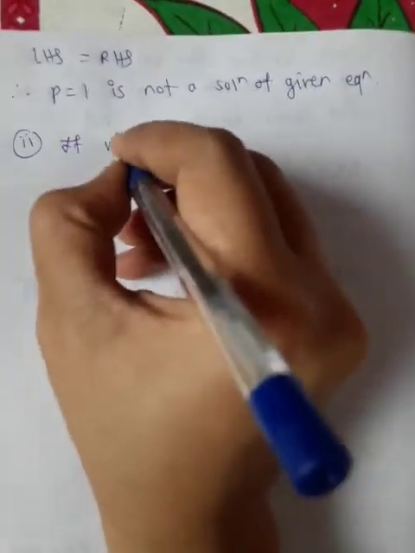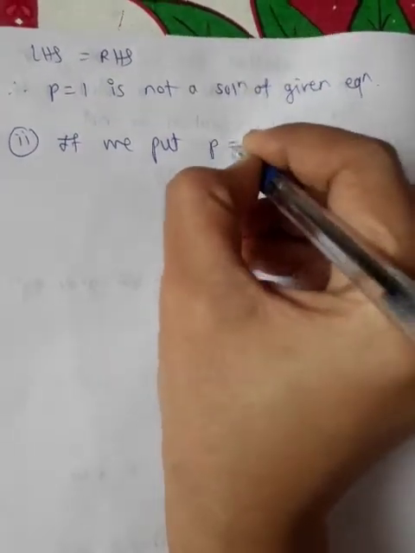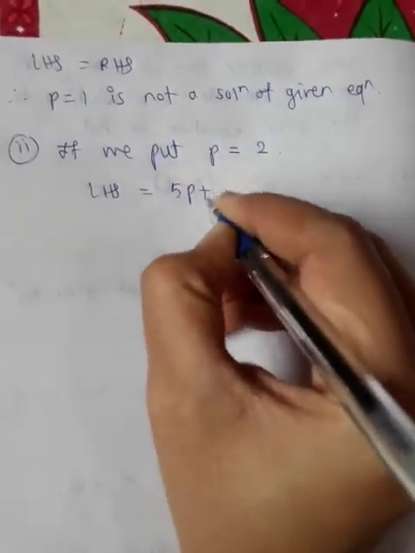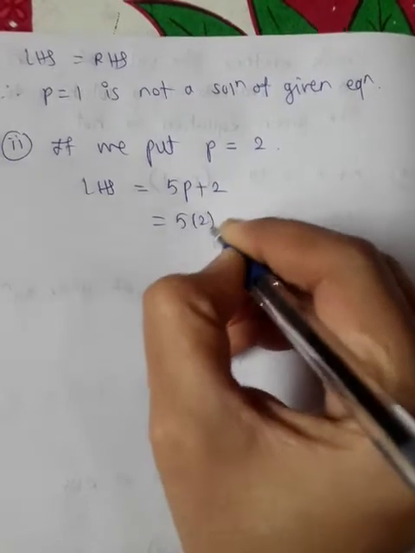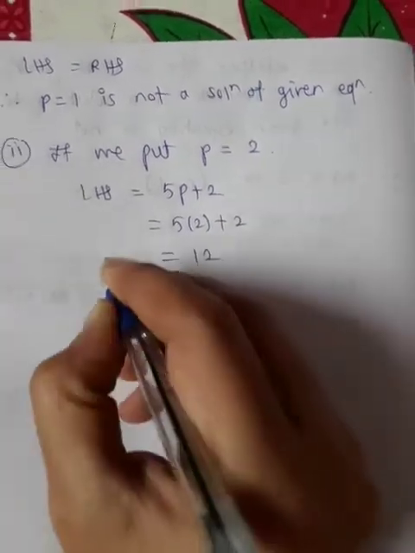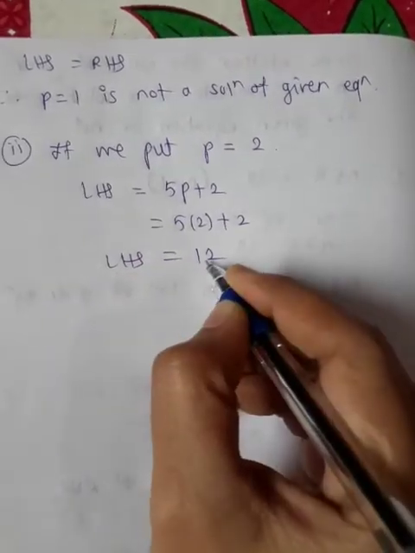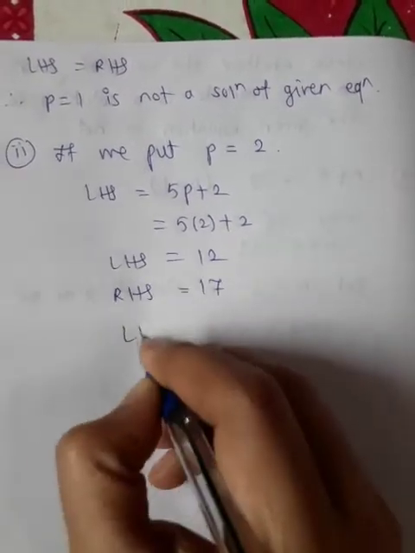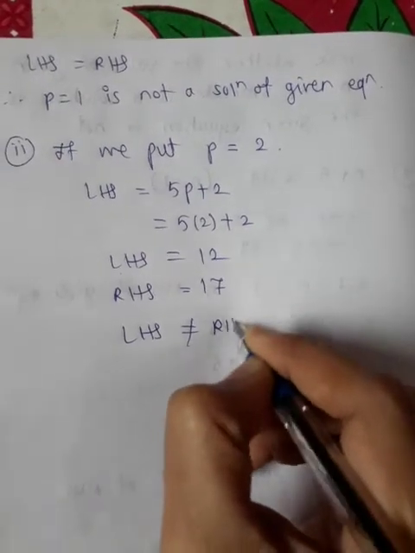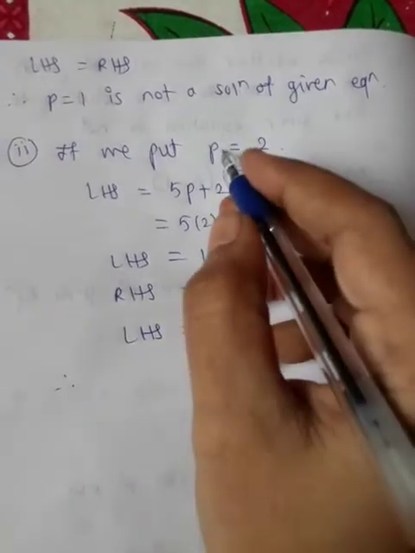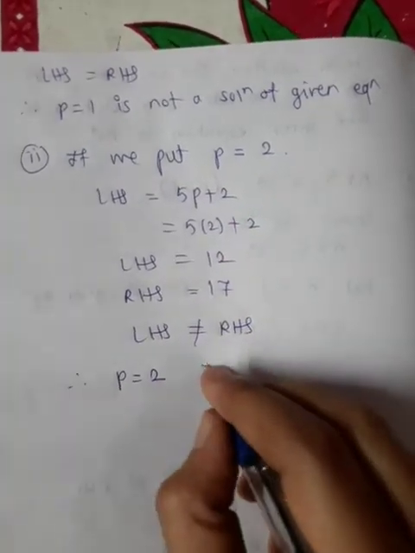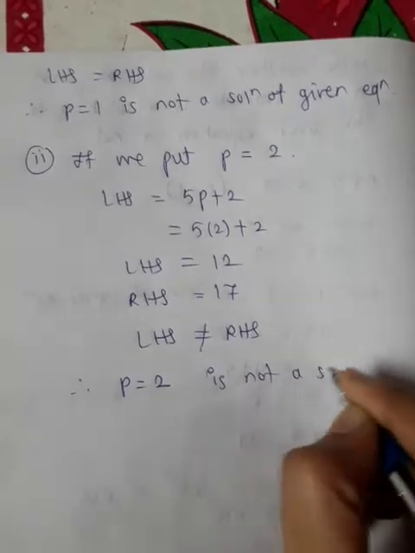If we put p is equal to 2, LHS 5p plus 2 becomes 5 into 2 plus 2, that is 12, but RHS is 17. LHS is not equal to RHS, so the given equation is not satisfied by the value 2. Therefore p is equal to 2 is also not a solution.